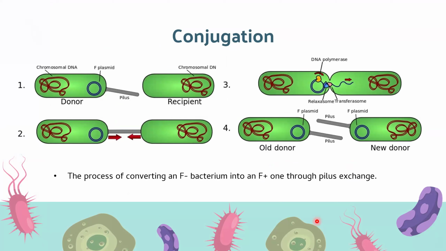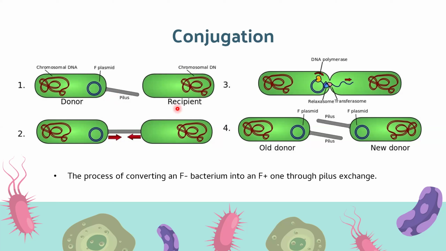If I have a conjugative plasmid, this is called an F positive bacterium, because it has the fertility plasmid that codes for the sex pilus. This sex pilus is going to receive signals, let's say, from a recipient that does not have a sex pilus. It's lacking. It's called an F negative bacterium.